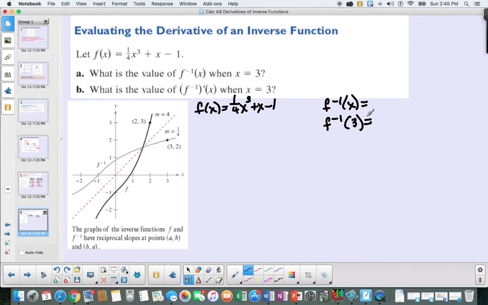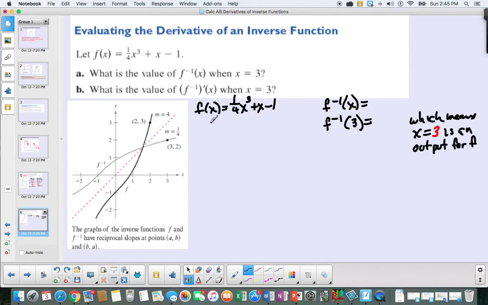Now, this tells us that x equal to 3 is an output for f. Remember, they exchange places.